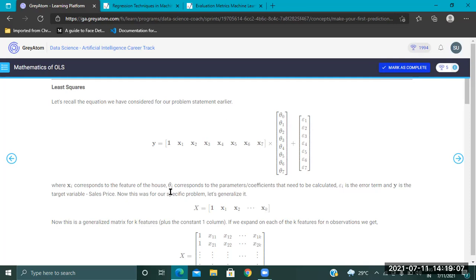When we go for theta i, it corresponds to the parameters or the coefficients that need to be calculated. The target variable is our sales price. Sales price is our target. So for a housing data set, we are going to predict the sales price.